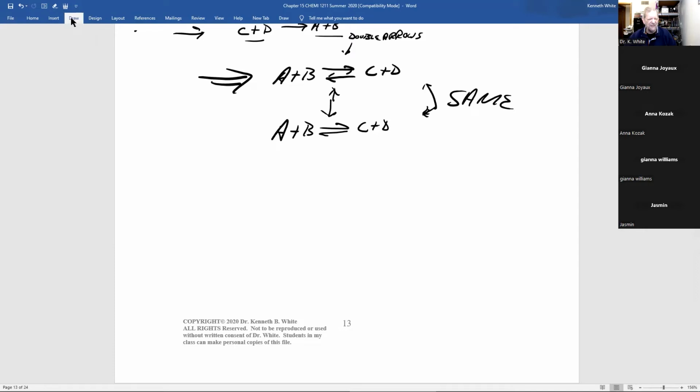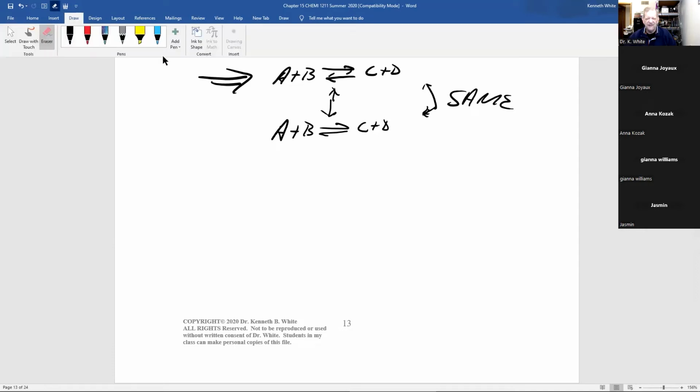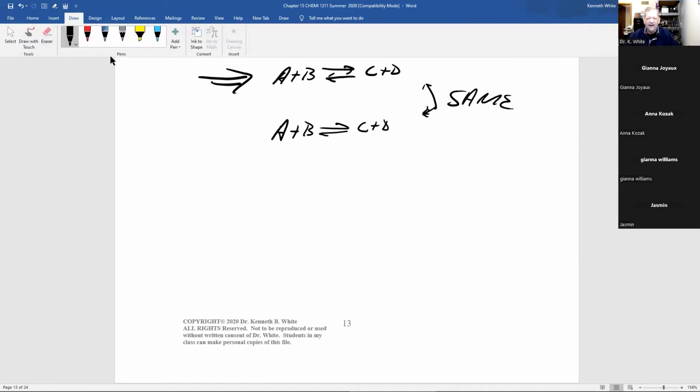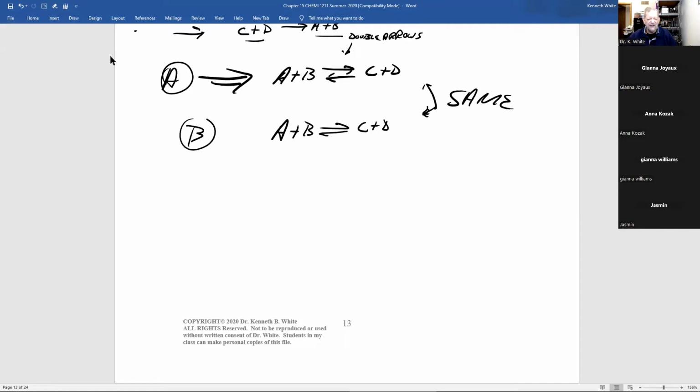I shouldn't have drawn more arrows. You're going to be overdosed by arrows. But anyways, let's call this A and B. It's the same way, just how you write your arrows. Those are 2 different styles.